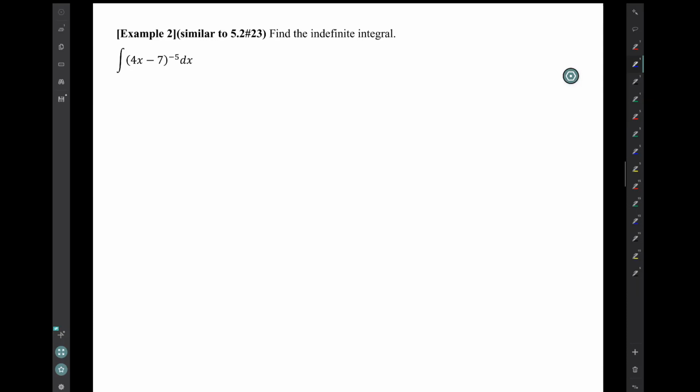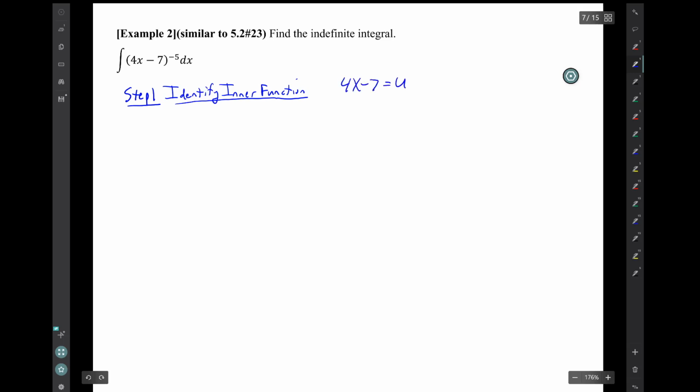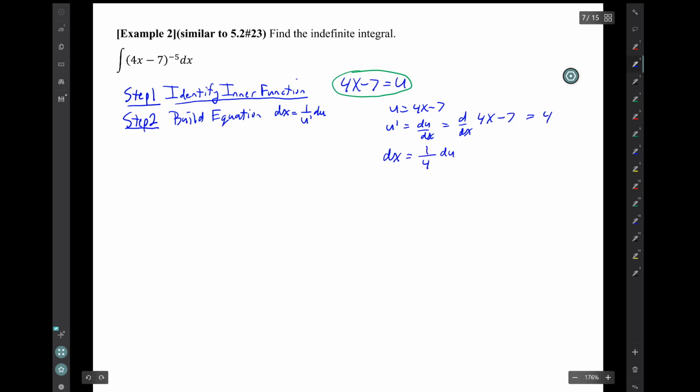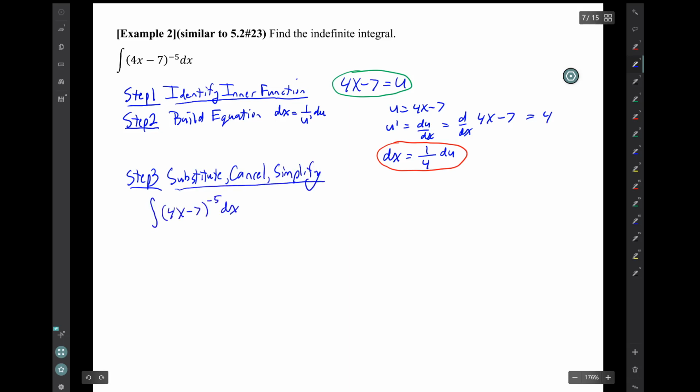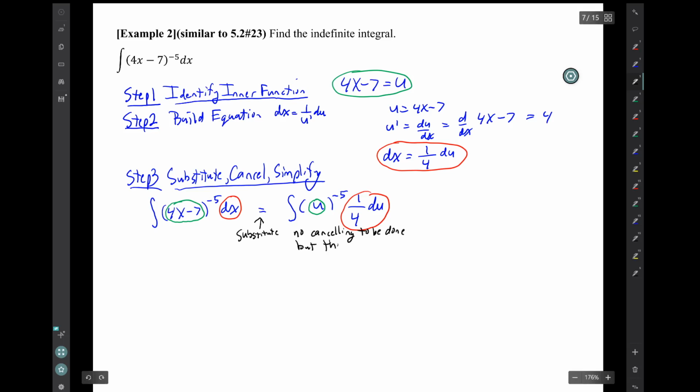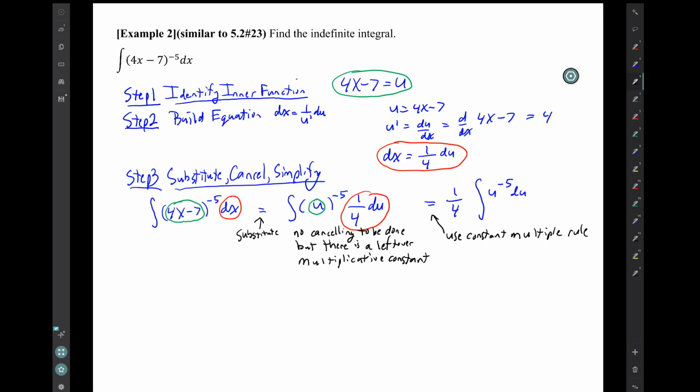Let's go on. Example 2, find this indefinite integral. Okay, well, let's just go step by step. So there are our first 3 steps.